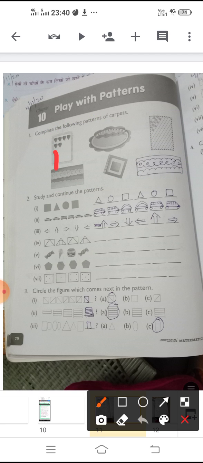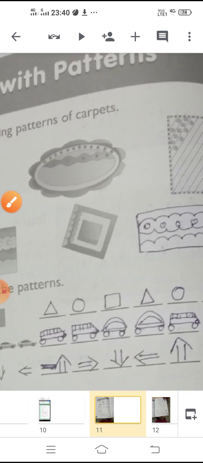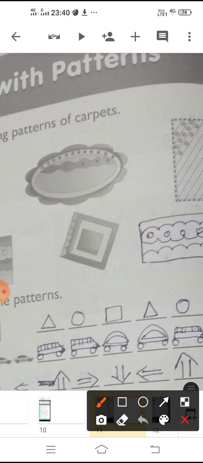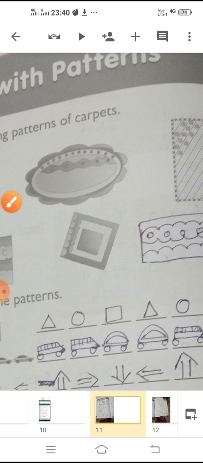First you have to complete this first line, then second line, then third, then fourth. Now for the next one, you will draw the pattern like this and you will make a dot. Understood?